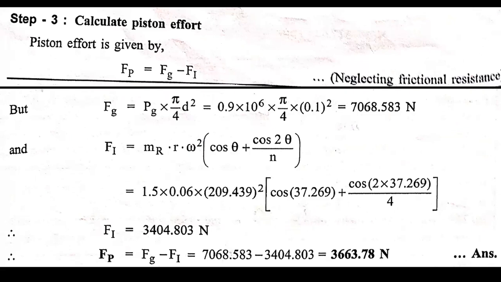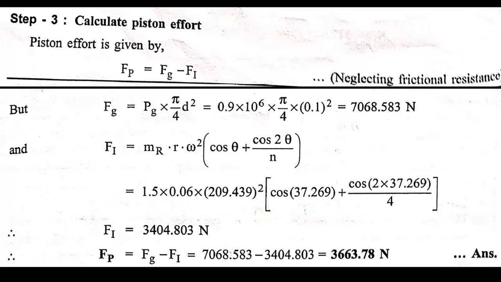Then piston effort Fp is equal to Fg minus Fi. Fg is equal to Pg into pi by 4 d square. So we get Fg equal to 7068.583 Newton. Fi is equal to mr into r into omega square (cos theta plus cos 2 theta by n).